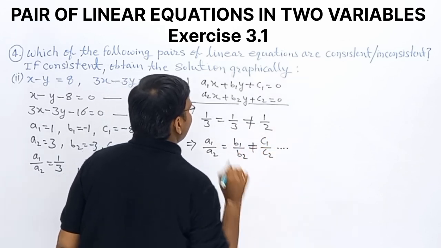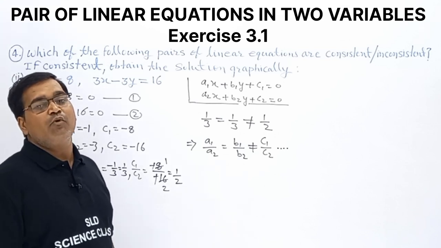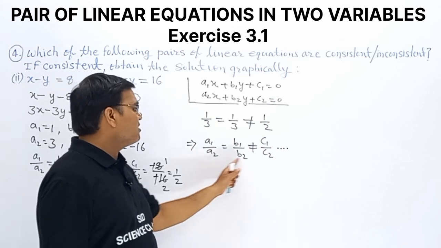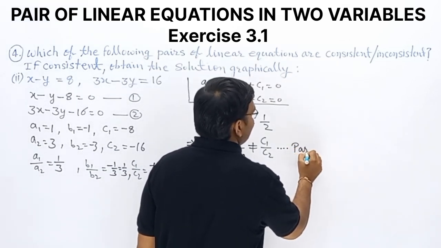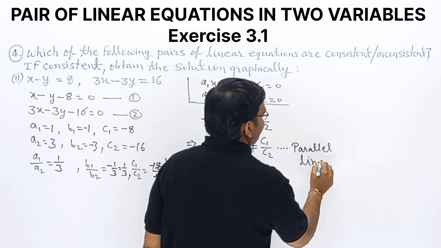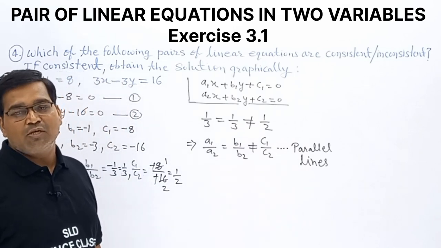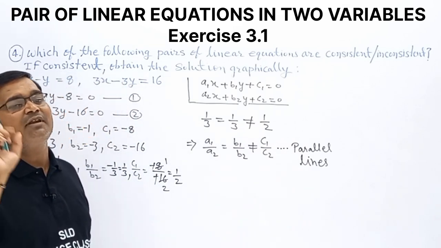We have three conditions: one for intersecting lines, second for parallel lines, and third for coincident lines. So this condition is for parallel lines. And parallel lines never intersect each other. If two lines are parallel, they never intersect.